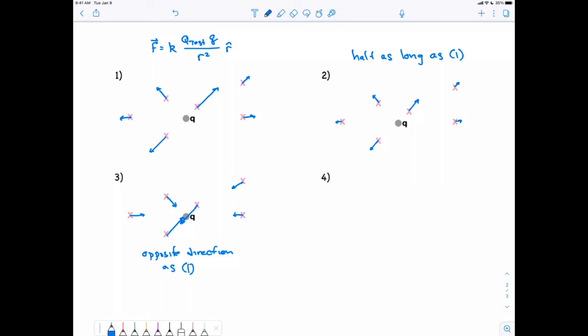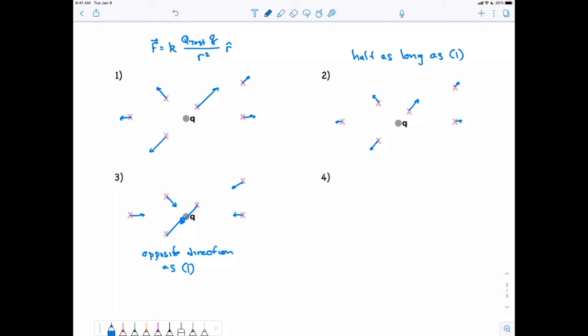The ratio doesn't change. Let's see if that's the case. So let's say right here we put in, let's say it's 1 Coulomb of charge as our test charge. And we get this large outwards force. Here we put in half a Coulomb of charge and we get a smaller outwards force. But the ratio of that force divided by 1 Coulomb, and this force that's half as big divided by half a Coulomb is the same.